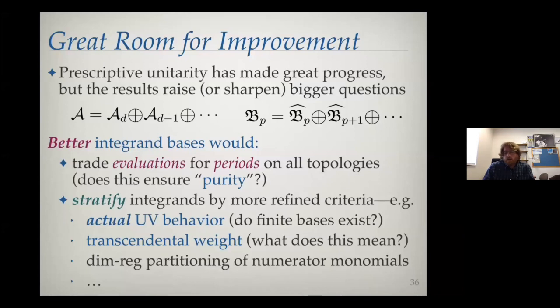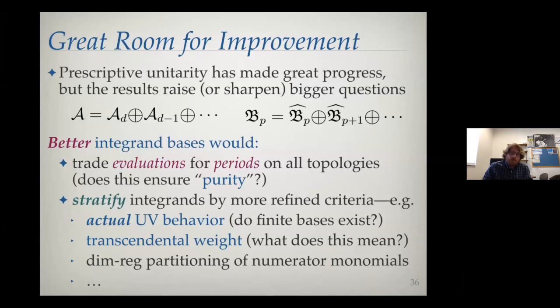Or another thing would be to stratify them by actual ultraviolet behavior. Not this proxy for ultraviolet behavior, but the actual UV behavior. Like, what is the leading pole in the epsilon expansion? Or transcendental weight, whatever that means. Nobody's been able to provide a robust definition, and certain mathematicians are skeptical that a definition exists, but colloquially, physicists talk about transcendental weight all the time.